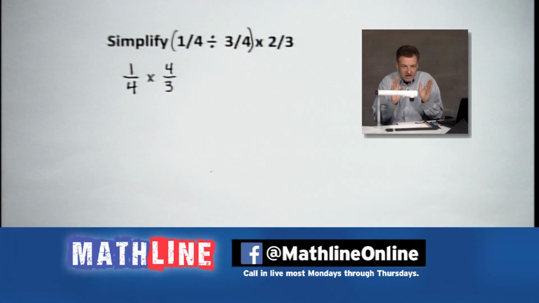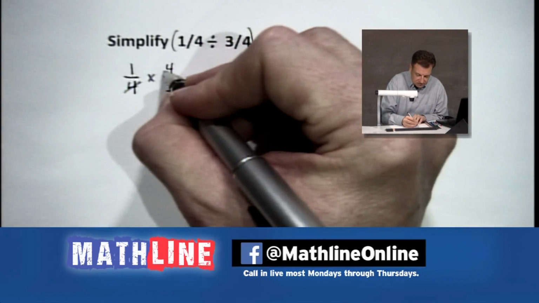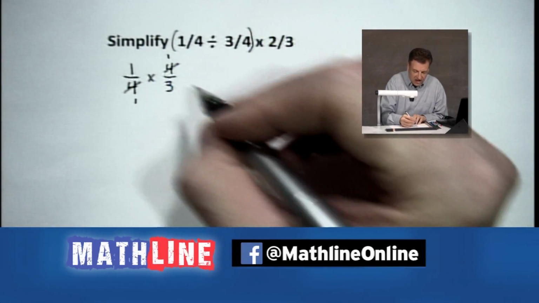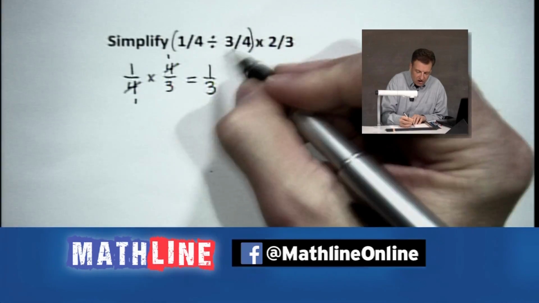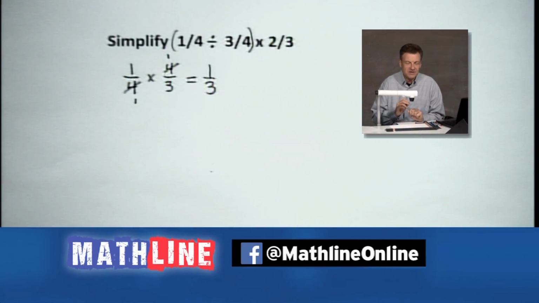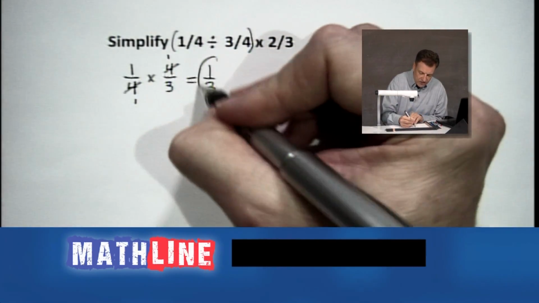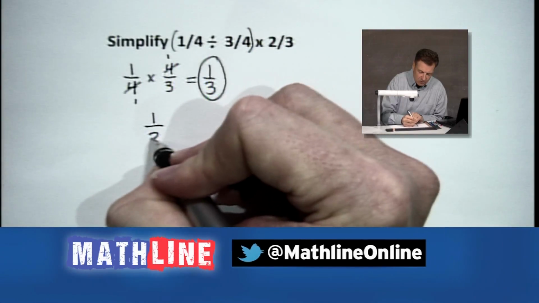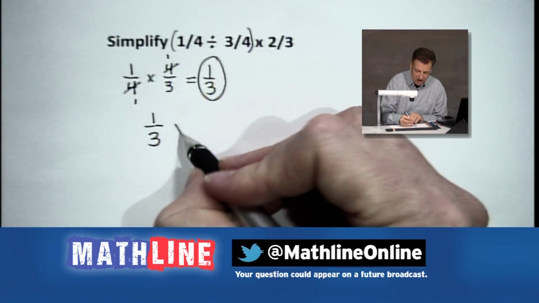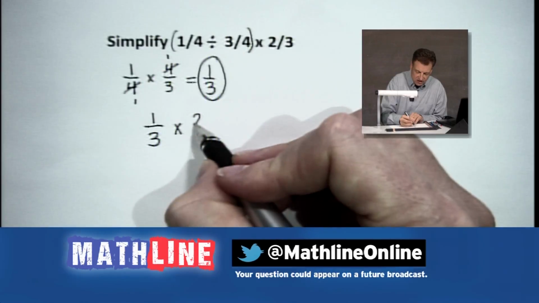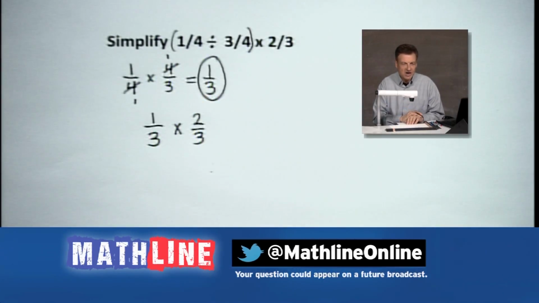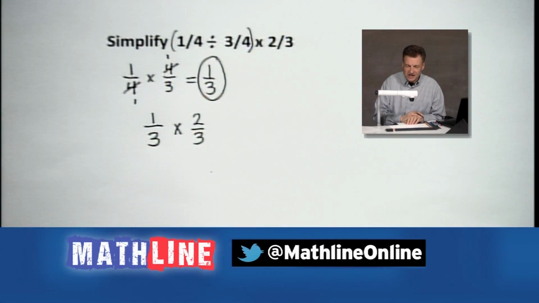Look, we got those 4s happening. We like those when they cancel, don't we? So that gives us 1/3. Now that's from that first parenthesis. Now, we're going to take this 1/3 and we're going to bring it right on over here and kick in with this 2/3, all right? And you look at that and you say, well, Ernie, can we cancel those 3s?